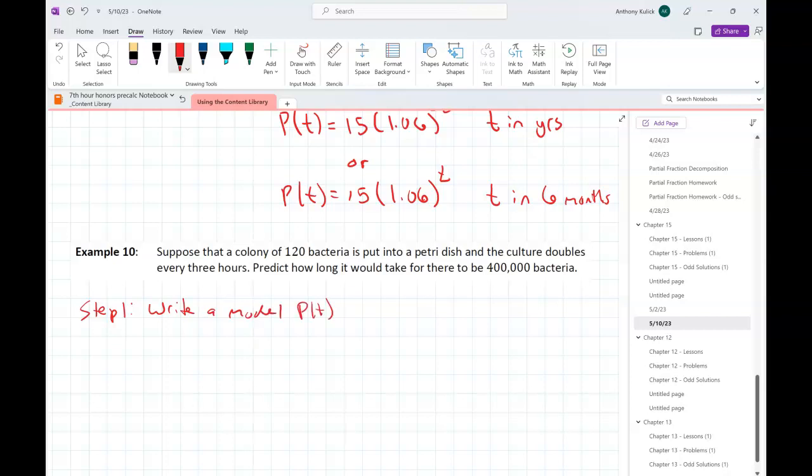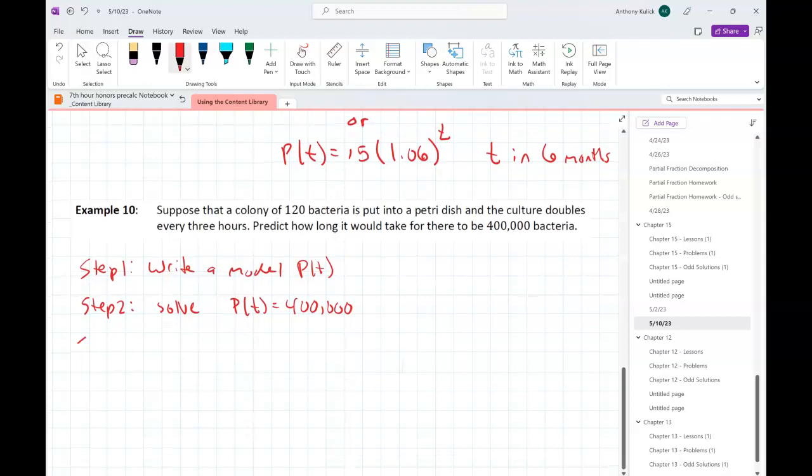The first step would be to write some model. I'll call that model P of t. And then step 2 would be to solve the equation P of t equal to 400,000. Everybody's okay with that idea, or how I got that from the words that were written down?